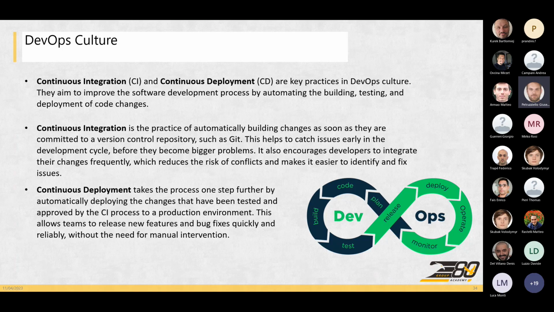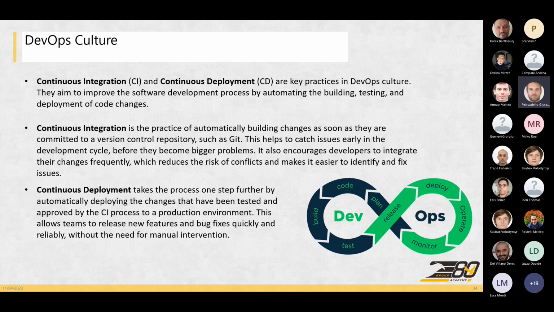Another important thing is continuous deployment, which is the process that goes one step further by automatically deploying the changes that have been tested and approved by the CI process to a production environment. In our case, it's not a production environment, but typically an internal environment for testing.